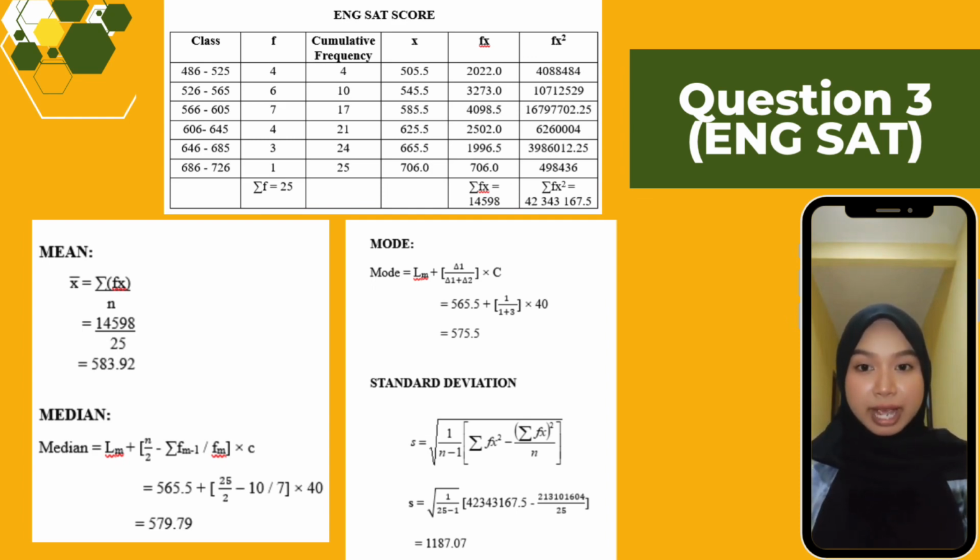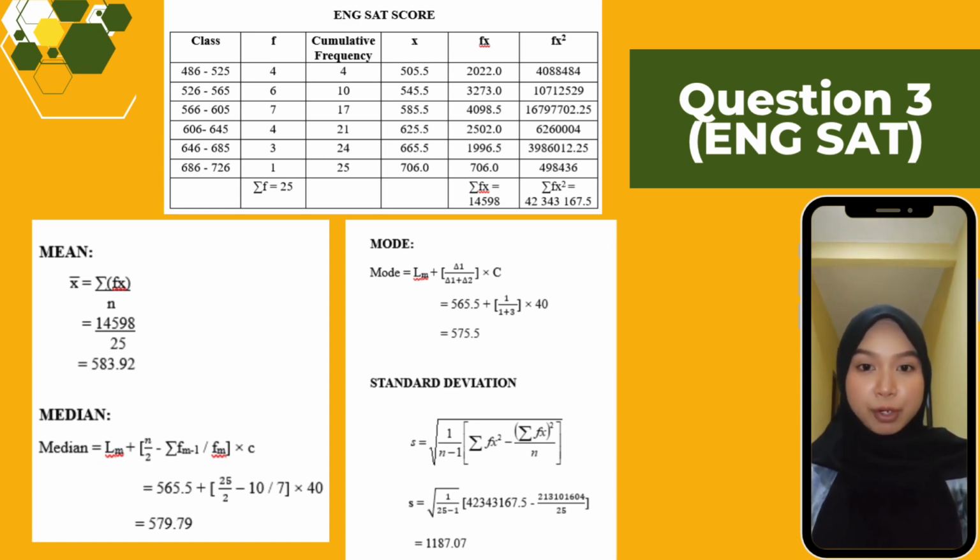The mean for the English set is 14,598 divided by 25 equals 583.92. To calculate the median: 565.5 plus bracket 25 divided by 2 minus 10 divided by 7 close bracket multiplied by 40. Then the answer will be 579.79.